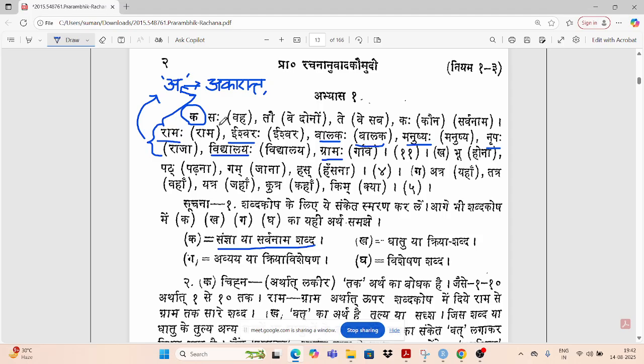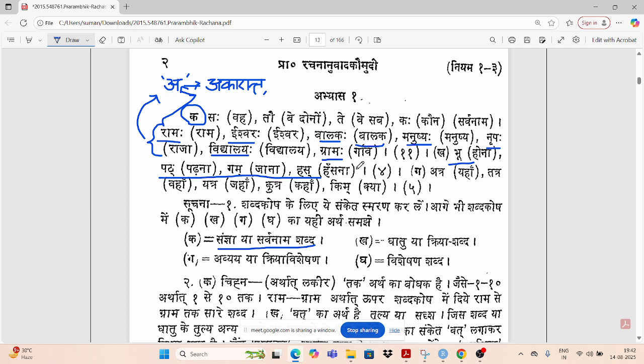So we have pronouns like saha, tau, te, and we have the simple nouns. And apart from that, we have a list of dhatus. Now, with the dhatus, we are currently not concerned with what akshara they end with for the time being. We need to look at that later when we look at the sutras and all those things.